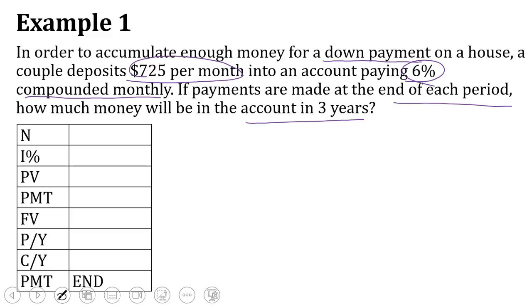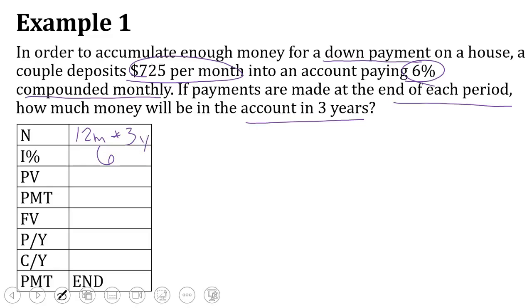I always see that percent, let me just put it in and be done with it because that's the easiest one. Our N is how many payments. We make payments monthly, so 12 months over 3 years.